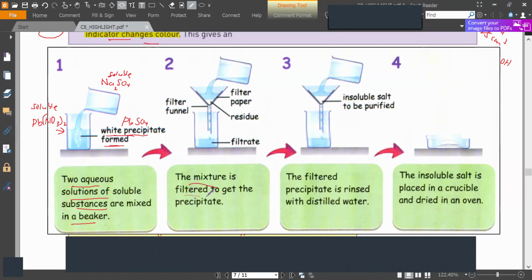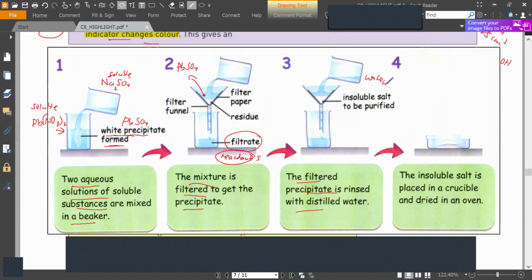So now we will filter to get the precipitate. We collect the lead sulfate at the filter paper. The filtrate is just the reactants that remain. Then the filtered precipitate is rinsed with distilled water.